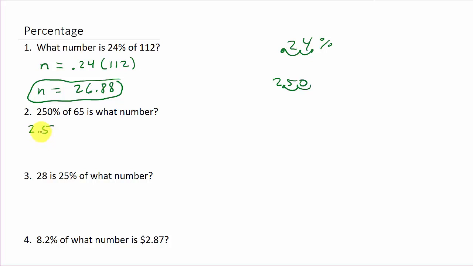So we've got 250% of 65, so that's times 65, equals what number? And so the what number, that's going to be n. So we've got 2.5 times 65, and that is going to give us n is equal to 162.5. And there's your answer.